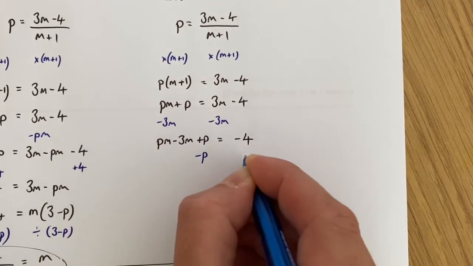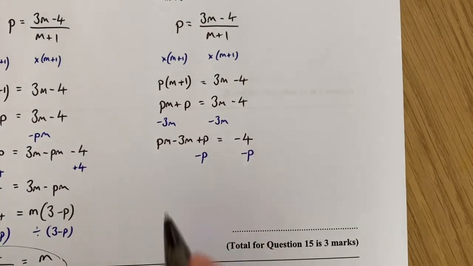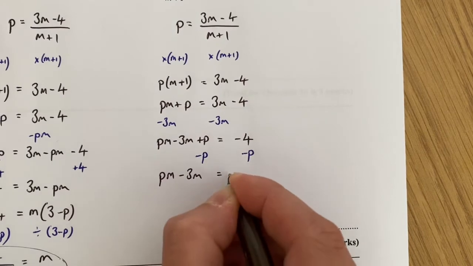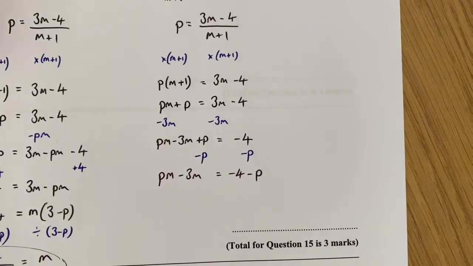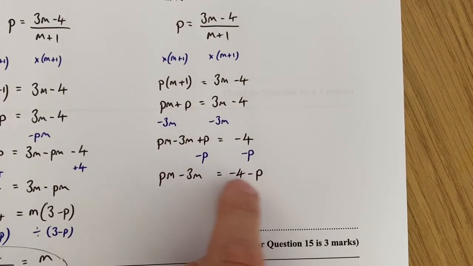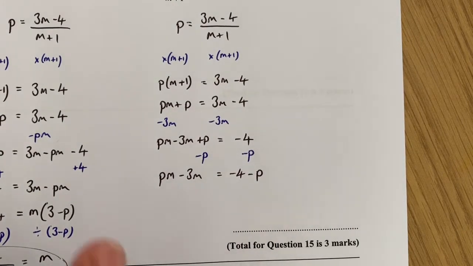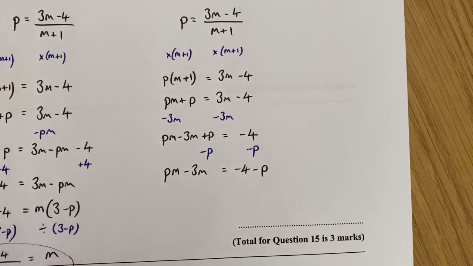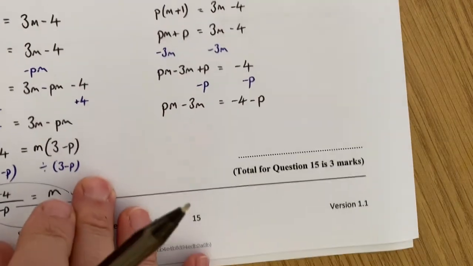So if I take away p from both sides, it's going to leave me with pm minus 3m equals minus 4 minus p. Again, I've got lots of negative signs. It's correct, it just doesn't necessarily look as nice. Everyone prefers positive numbers to negative numbers, which is why I say try and keep things positive if you can.